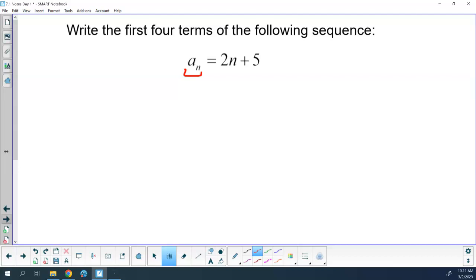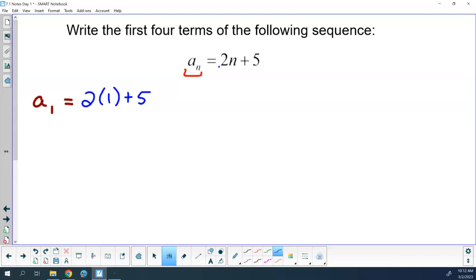So if I'm asking for the first term of this arithmetic sequence, that would be A sub 1. Not A1. It's not what we put on our steaks to make them taste a little tangier. It's A sub 1. And what we do to find A sub 1 is we put 1 in place of n in our rule.